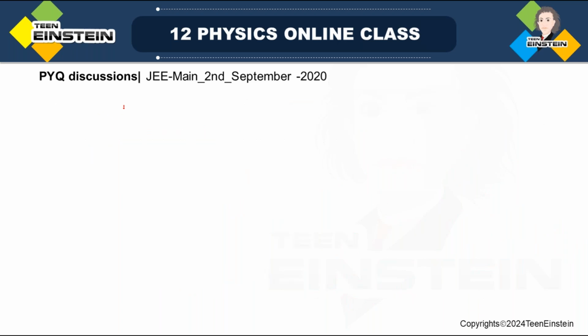Now you can just put in the values. Cos theta is root 3 by 2, and T is given as 0.05 Newton per meter.